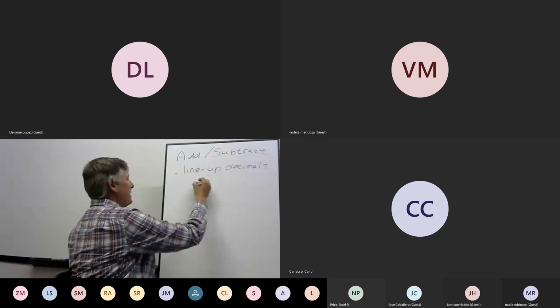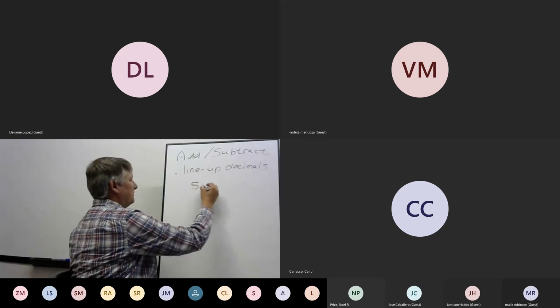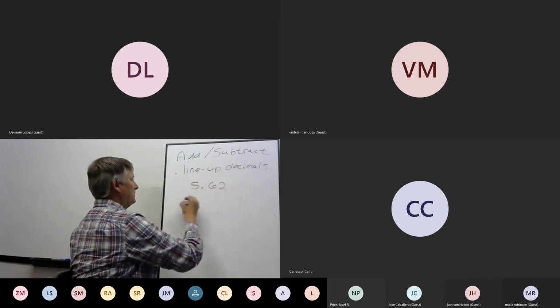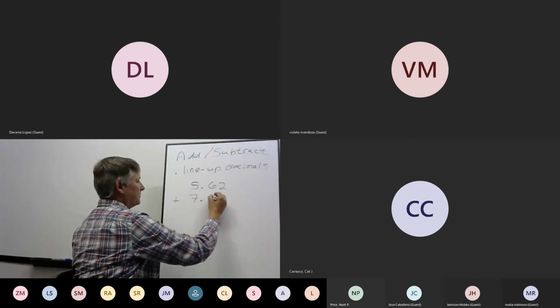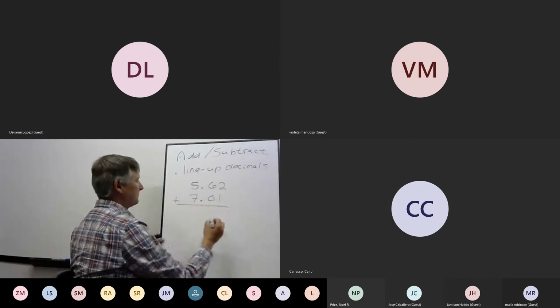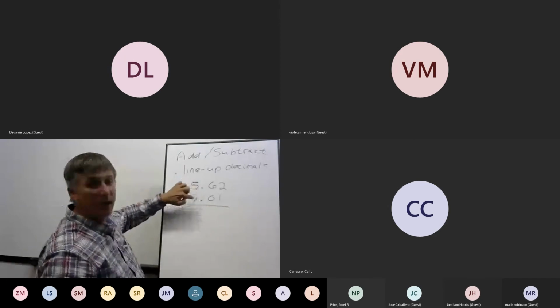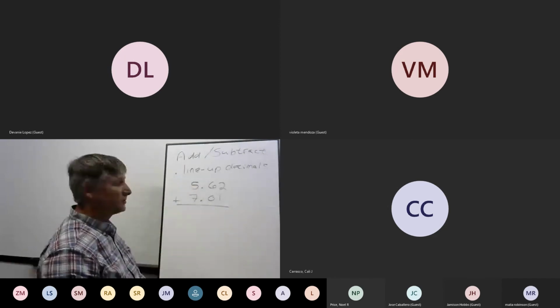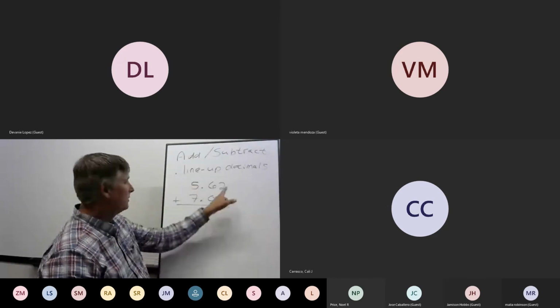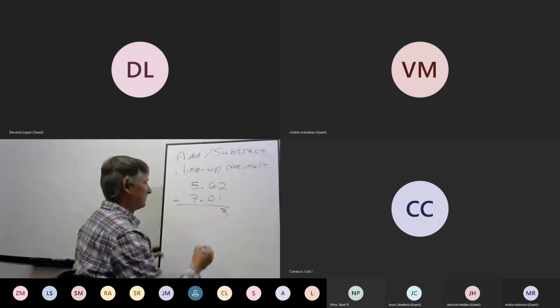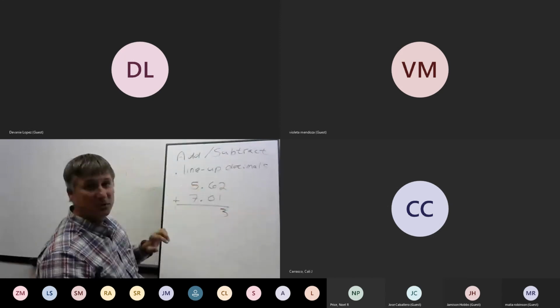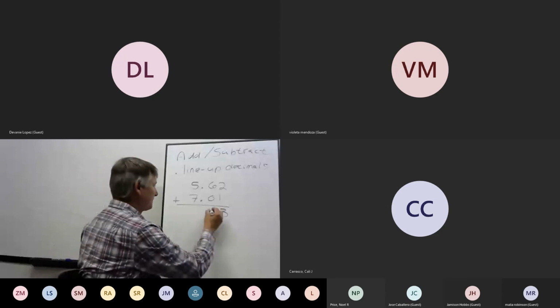So let's say we have 5.62 plus 7.01. Our decimal points are lined up, so we're good to go. We just go column by column. 2 plus 1 is 3. 6 plus 0 is 6.